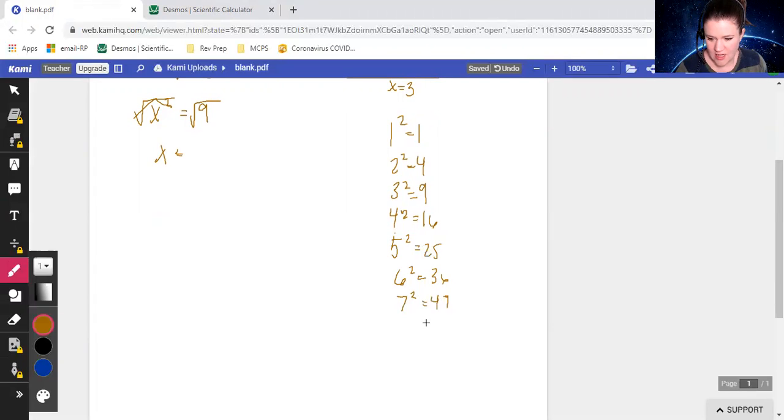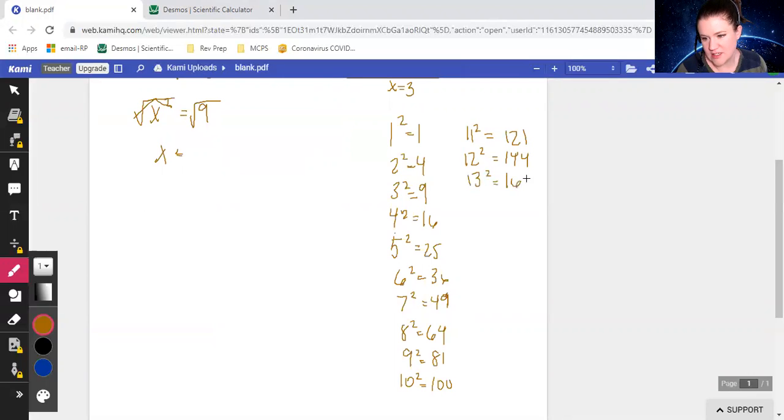7 squared is 49. 8 squared is 64. 9 squared is 81. And 10 squared is 100. And you get it. 11 squared, you can fast forward, 121. 12 squared is 144. 13 squared, 169. 14 squared, 196. 15 squared, 225.